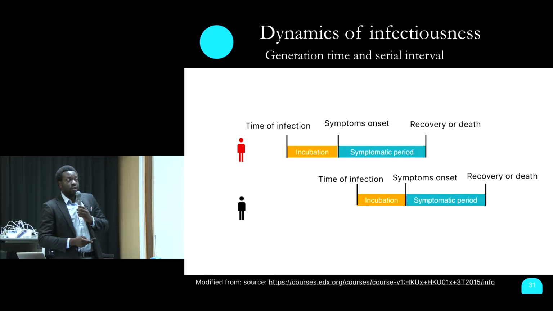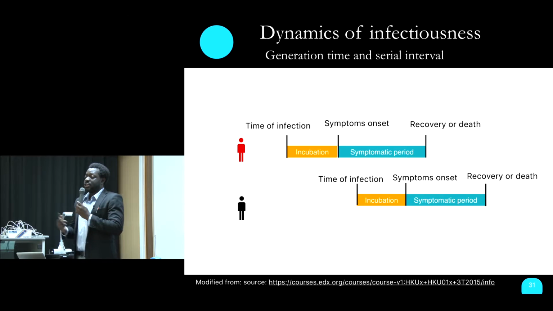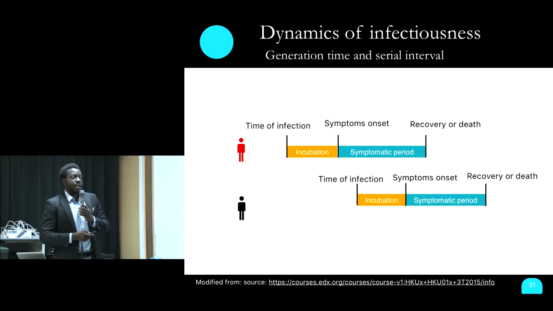Another important element to look at is the generation time and the serial interval. Both generation time and serial interval tell us about the time scale of disease transmission. What is it?